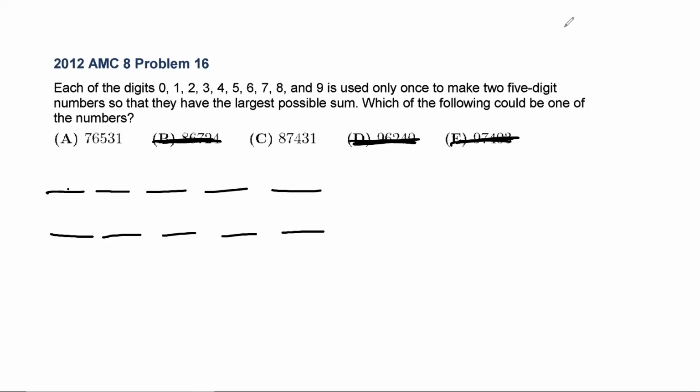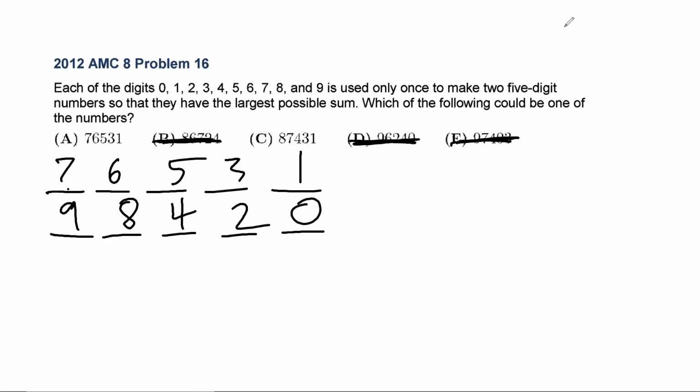So when they're asking for the largest possible sum, and honestly, at this point, you could actually just try to add up the numbers. Like for example, if 76531 goes here, then you know that 98420 goes here, and you can add it and compare it to the other one.